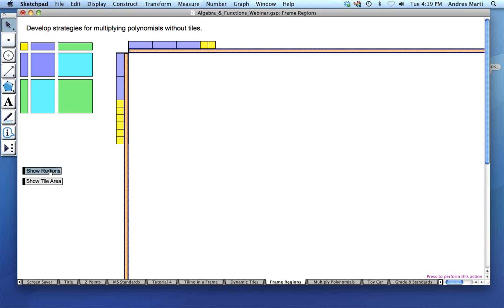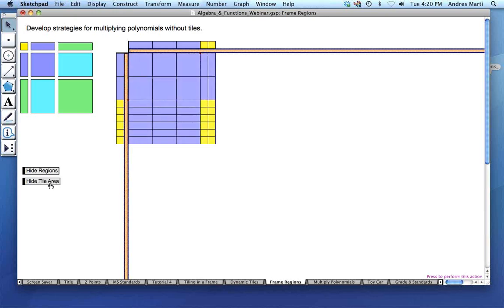But this activity tries to get kids through a number of experiences to start to see that these regions are always formed. And again, that's something that's nice. You can add that in with Sketchpad. Otherwise, you just have to visualize that if you're a student. And that these regions define different types of pieces. That this is all going to be filled in with x squared pieces, and this is going to be filled in with x's, and so is this, and this is with ones. And then you can show the tile area that way.